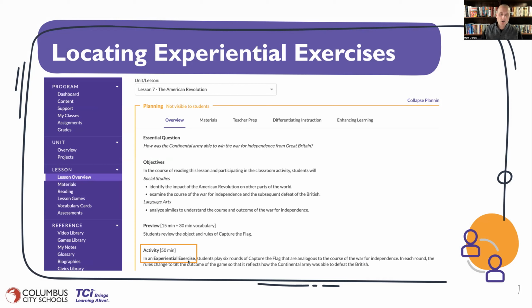So that's when you know you're encountering an experiential exercise in your lesson. And again, TCI being a turnkey program, the idea is that it tells you how to do this experiential exercise. The value, I think, and what we're bringing to the table in discussing this today, is how do you prepare your students to do it well, and how do you think experientially?